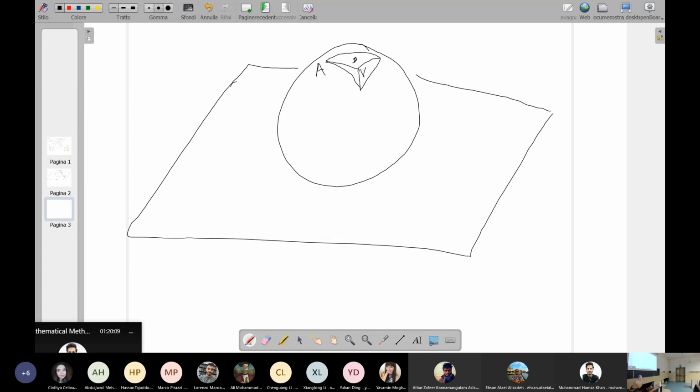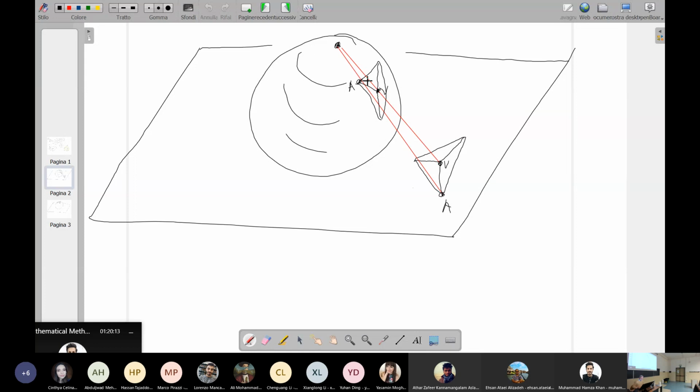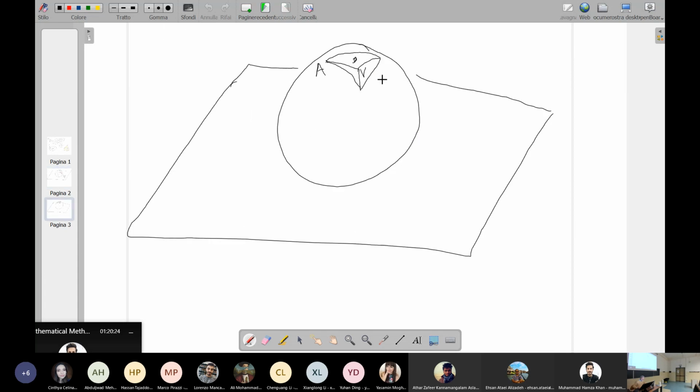Okay, so we have just rolled the sphere with respect to the previous. The triangle was here. Now I rolled the sphere so that the North Pole is inside the triangle.